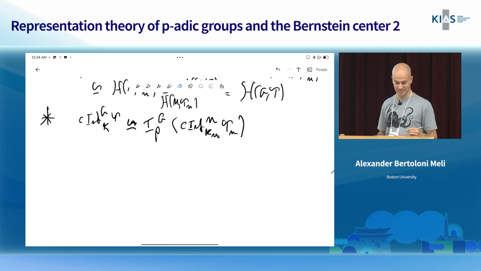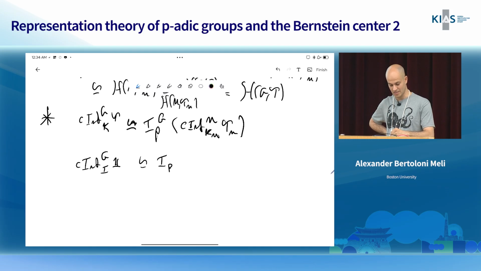Okay, and so in particular, in the Iwahori case, on the one hand we get this, and on the other hand we get I, B, G, and then we take the compact induction from T0 to T of the trivial.